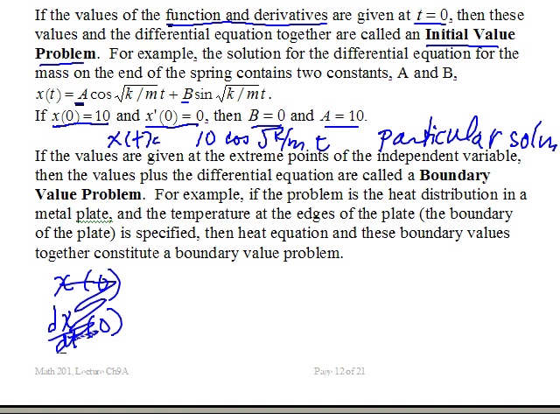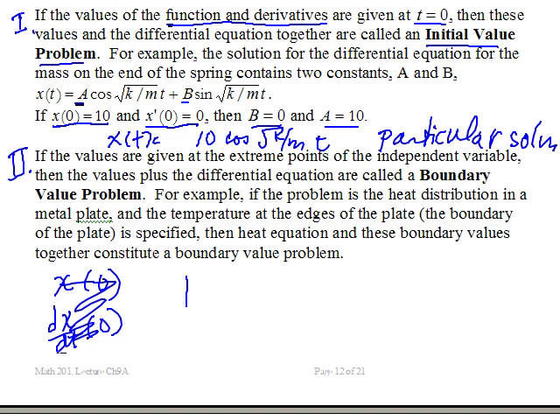Okay, we can eliminate this here. Now this is classical method 1, and classical problem 2. You have the differential equation, and then instead of having all of the values at t equals 0, you might have the values at the edges of the region of interest.